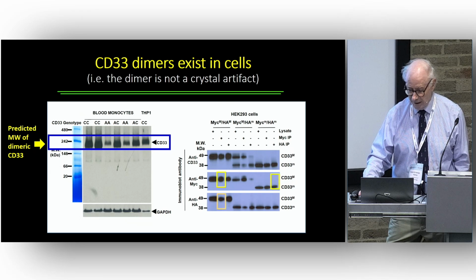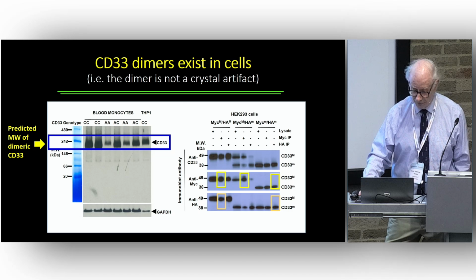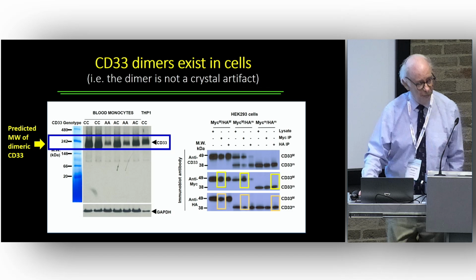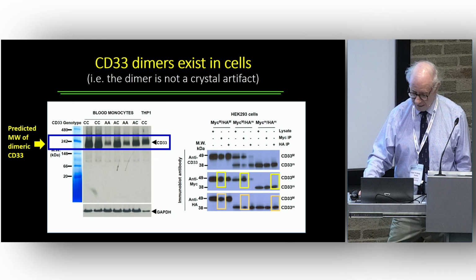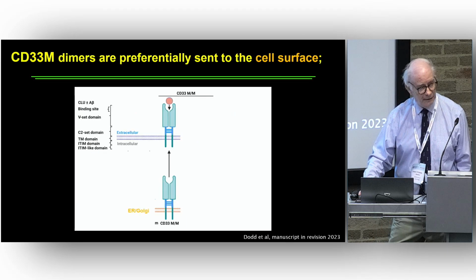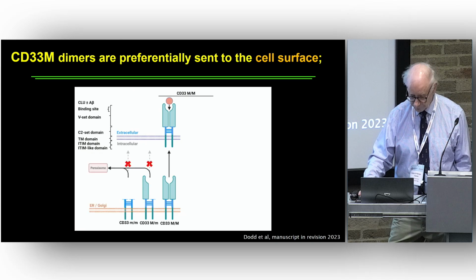When you did the same thing in cells with just the small isoform, pulling down the small isoform pulled down the small HA-tagged equivalent. And in cells that were heterozygous, containing both protein species, pulling down on the long isoform indeed pulled down the shorter isoform, indicating that there was indeed dimer formation.